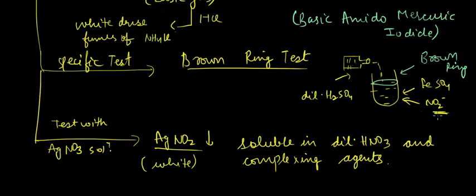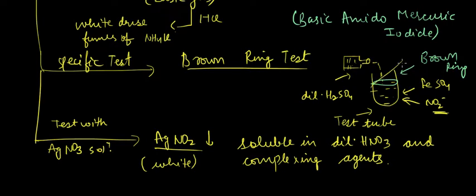When FeSO4 and NO2 minus ion containing salt are mixed, dilute H2SO4 is added along the side wall of the test tube with the help of a glass rod.